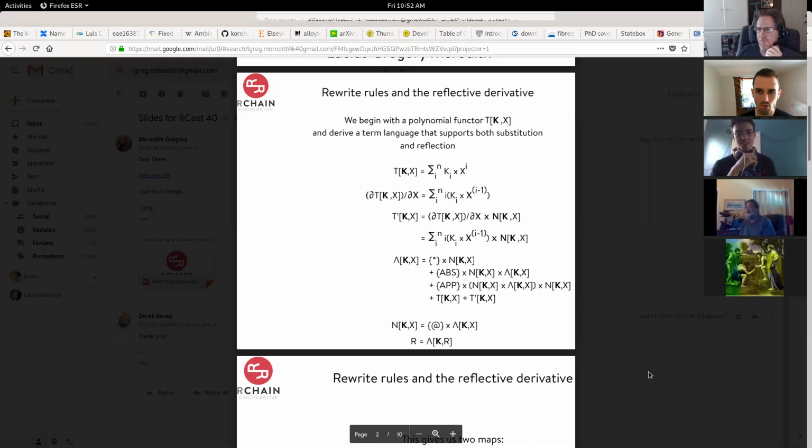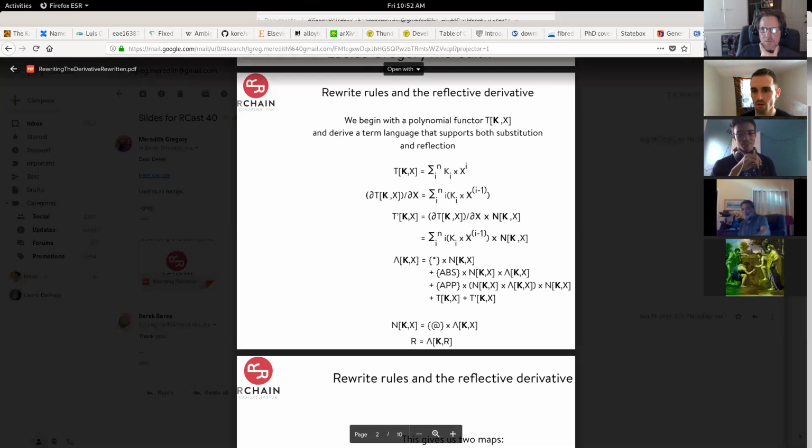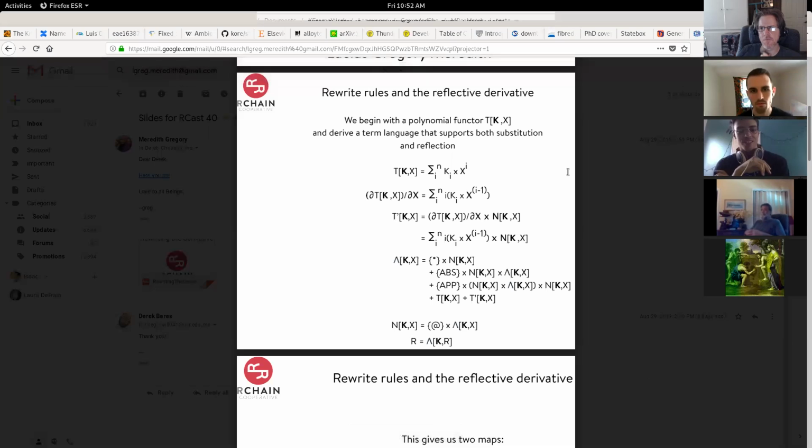So I have another notation question on the first line. Oh, yeah. Sure. Okay, so K subscript I is the ith index of the K vector. X superscript I, what is that? I think it's that we have I copies of whatever this X thing is.